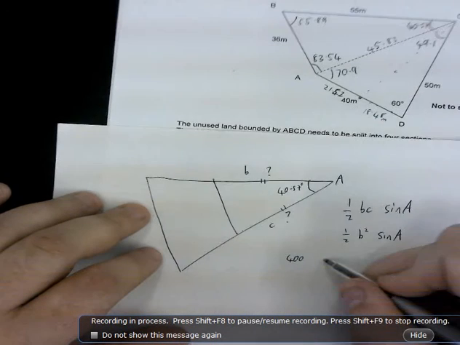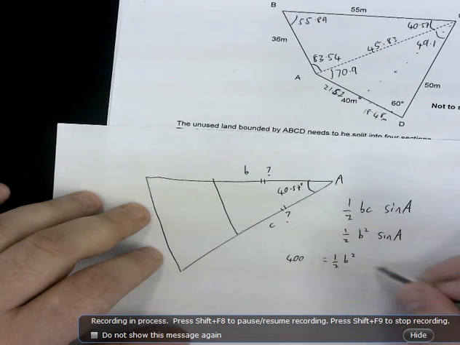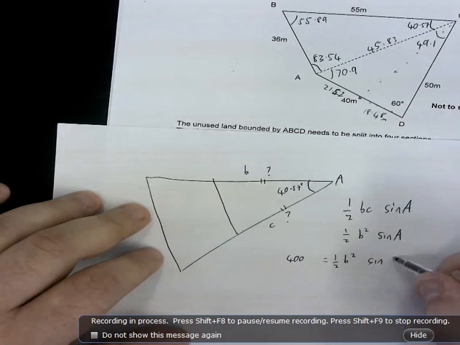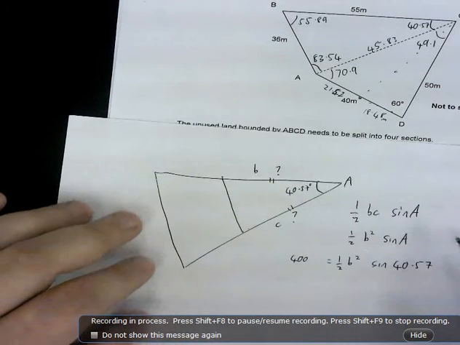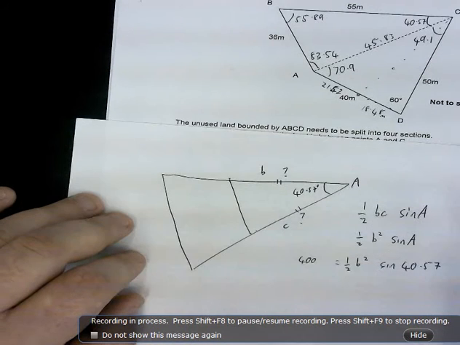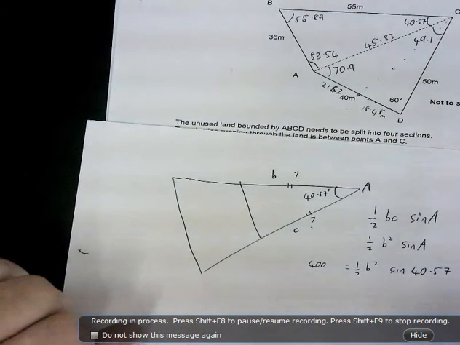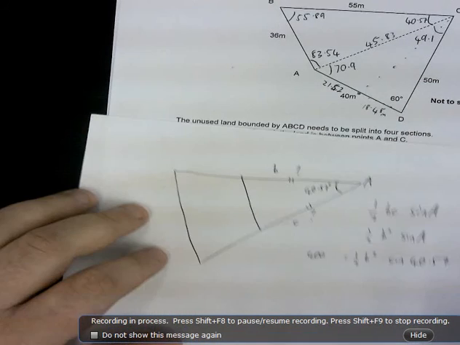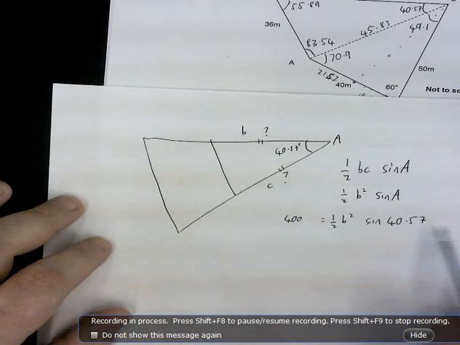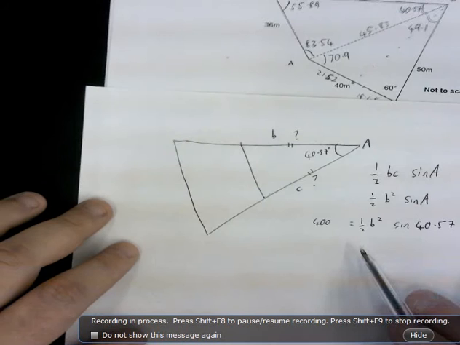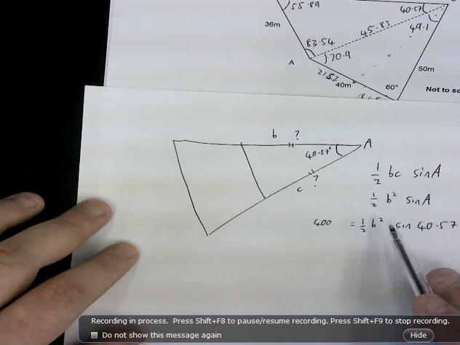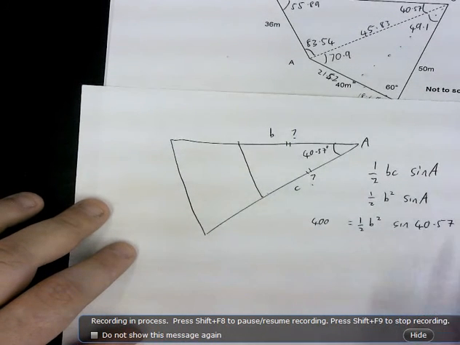A half B squared sine 40.57. Now I haven't checked that the whole triangle is over 800 meters. I'll just take that as a given because I know it is, but you would need to check that first. But in the interest of time, here we go. So a half B squared, because B and C are the same length, sine 40.57.